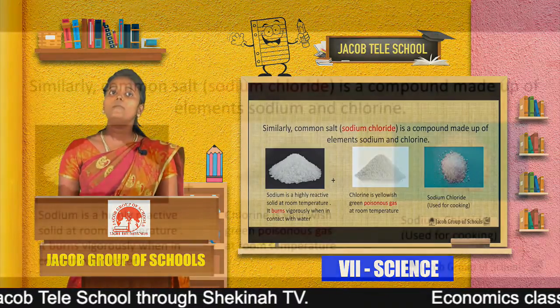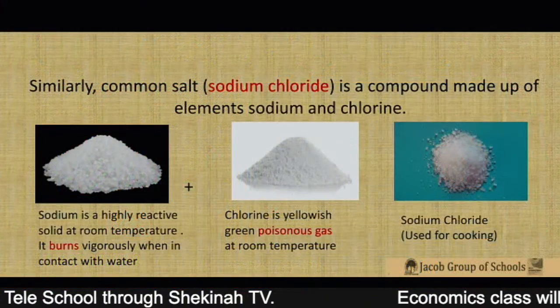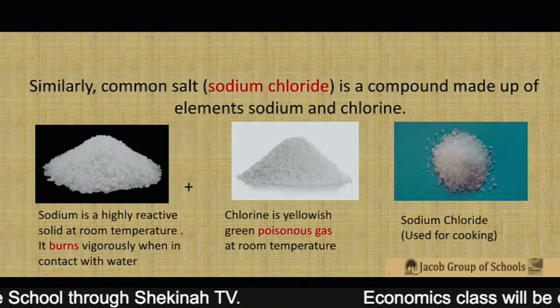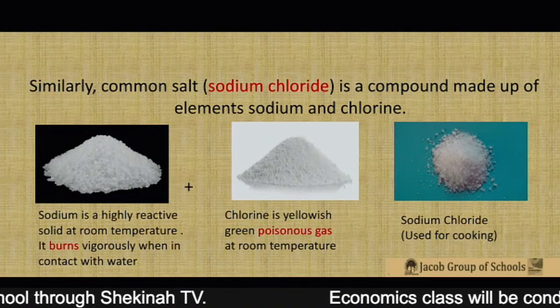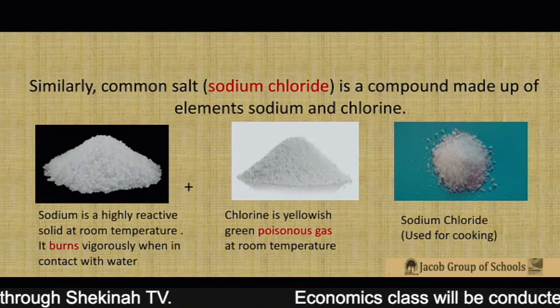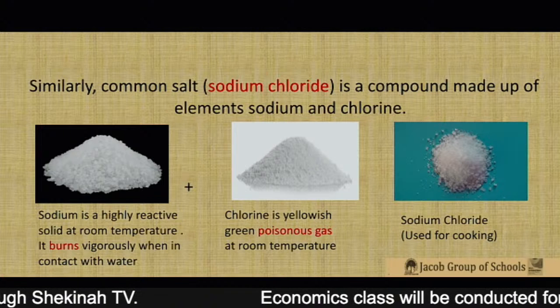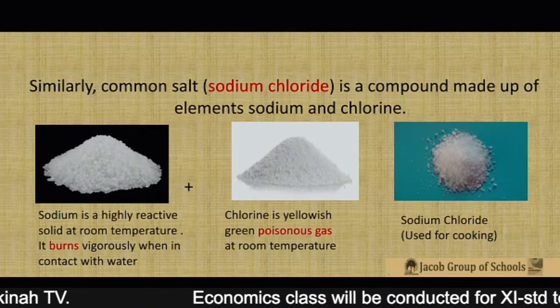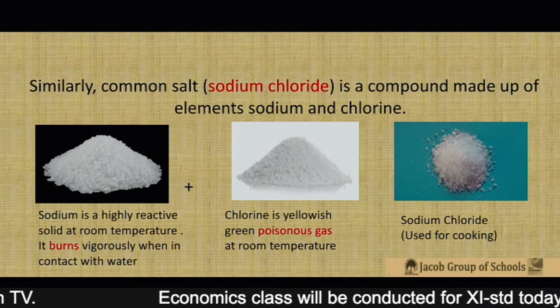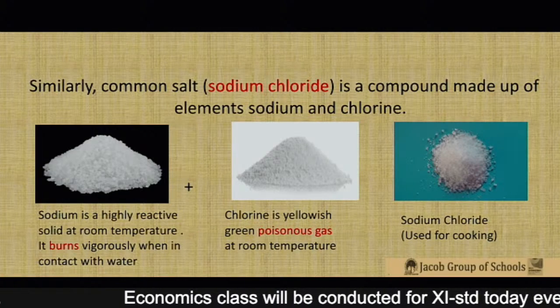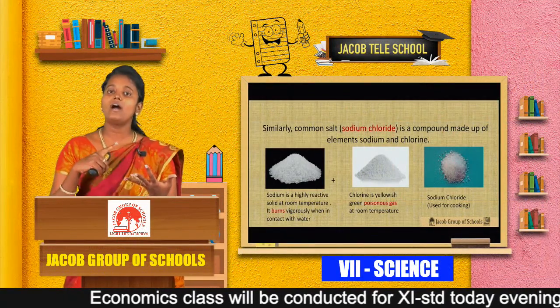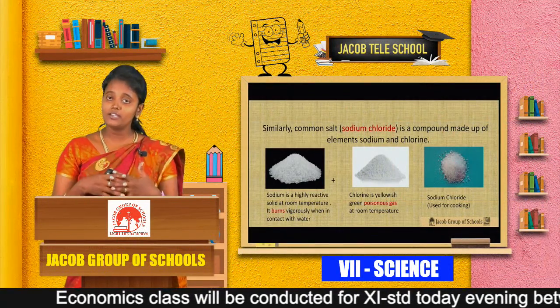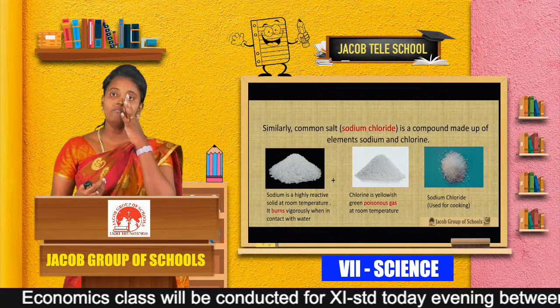It's a compound made up of the elements sodium and chlorine. இது sodium chloride எப்படி உருவாச்சு, ரெண்டு எலமெண்ட் சேர்ந்து ஒரு காம்பவுண்டாக உருவாகும். தட் இஸ் கால்ட் அஸ் சோடியம் குளோரைட். ஓகே, what are all the elements, first one is sodium, next one is chlorine. So sodium and chlorine combine together, we get sodium chloride.